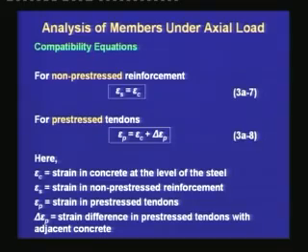Hence, the strain of the concrete at the level of the non-prestressed reinforcement is the same as that of the strain in the steel. For the prestressing tendon, the strain in the tendon is given as the strain in the concrete plus an additional term which is called the strain in the prestressed tendon at the decompression of concrete.